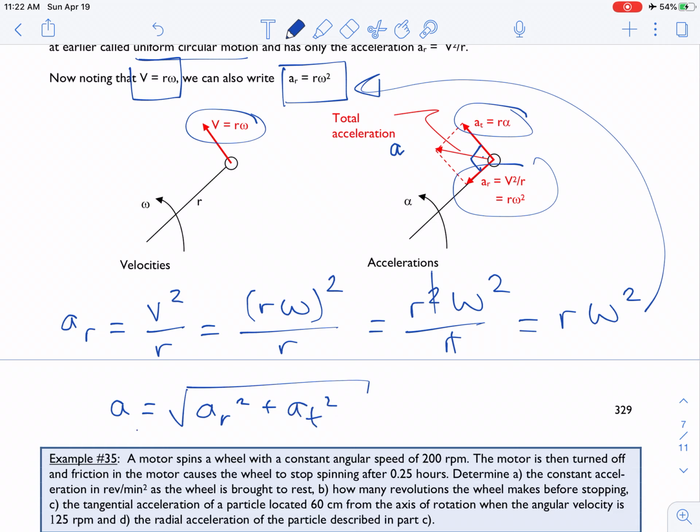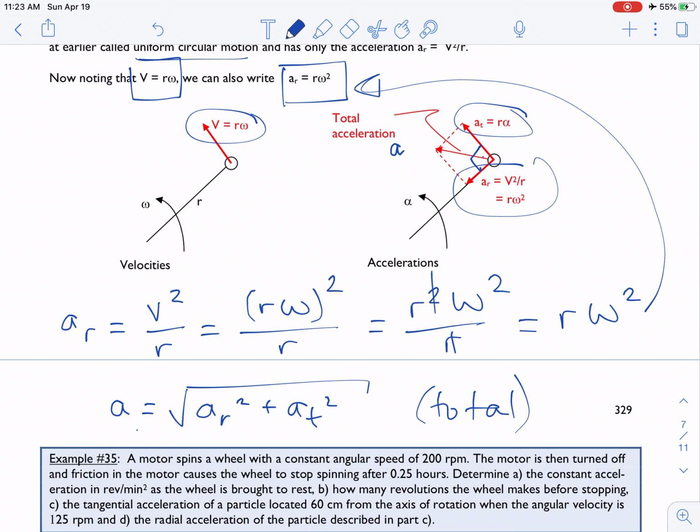Then you can find out what the total acceleration is. If the problem just asks you to find the acceleration, that means they're asking for the total acceleration, because they didn't specify radial or tangential acceleration. If only one of them is non-zero, then of course total acceleration will be that one.